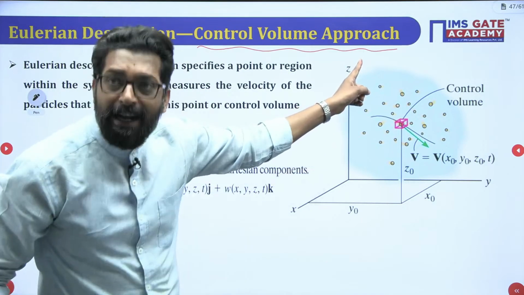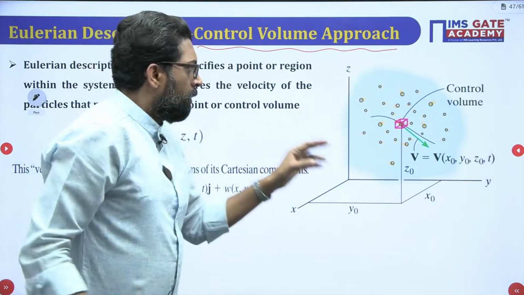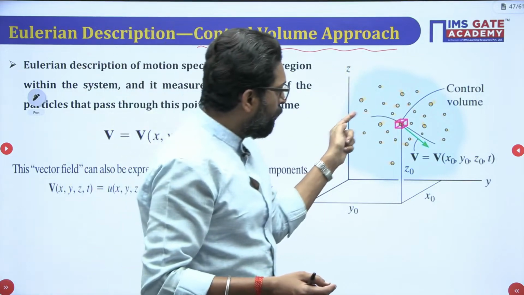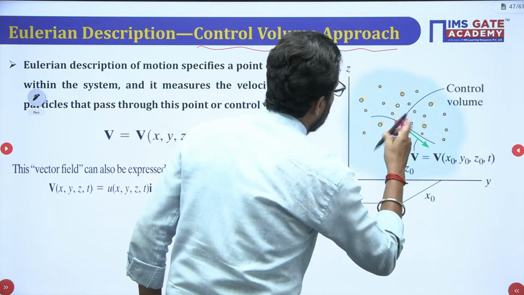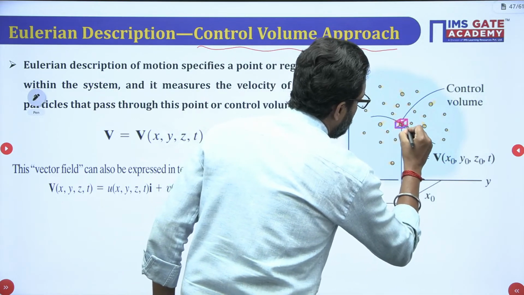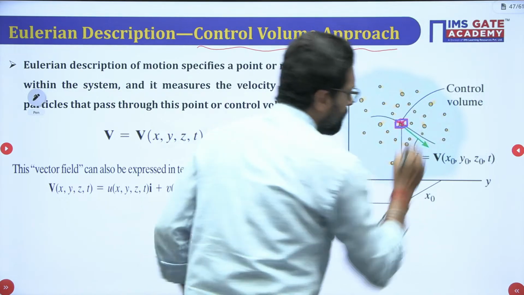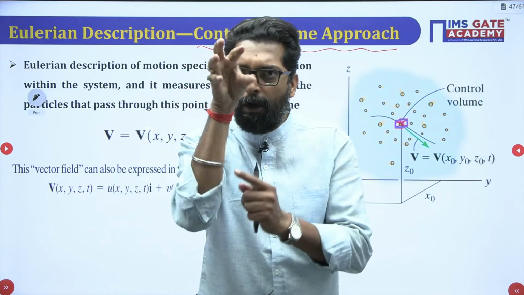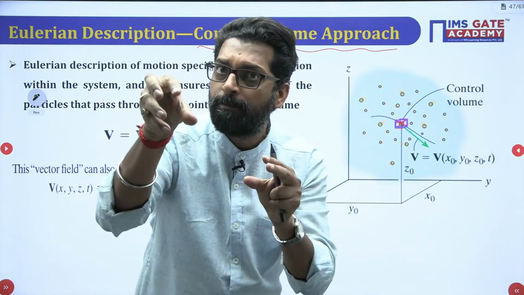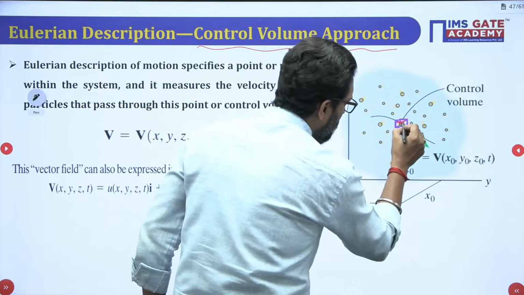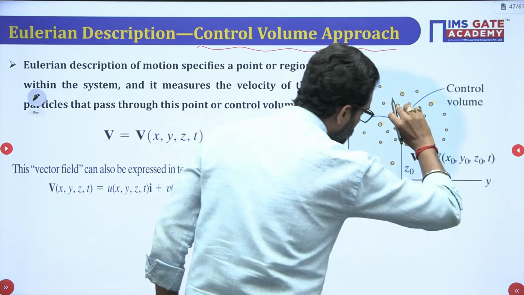This is a field approach. You are not bothering where the fluid is coming from and where it is going, you only fix the region. You focus the camera on the particular region and see what is happening within it.